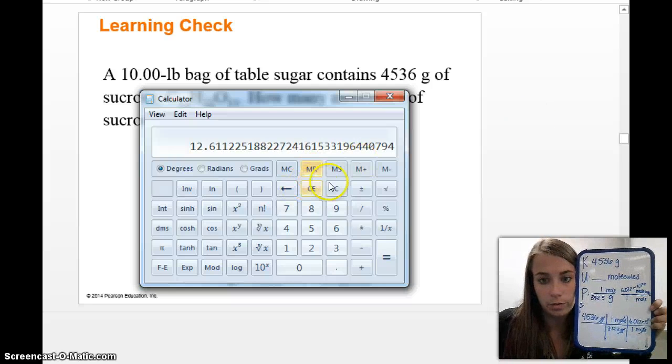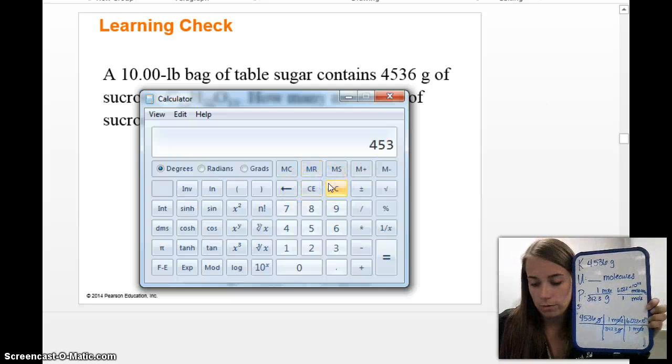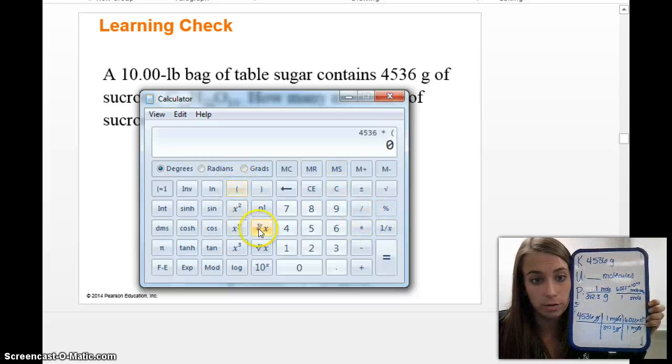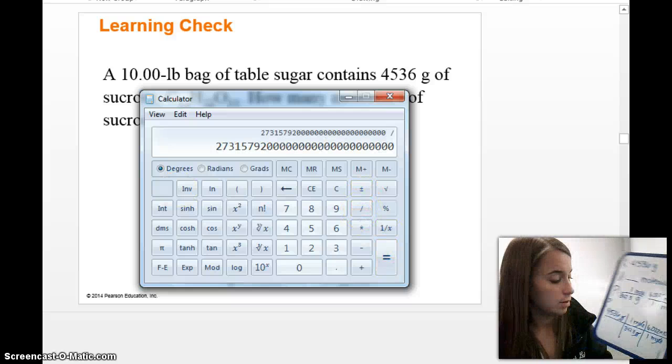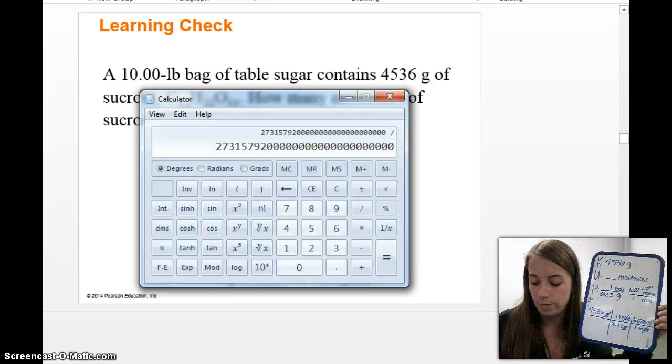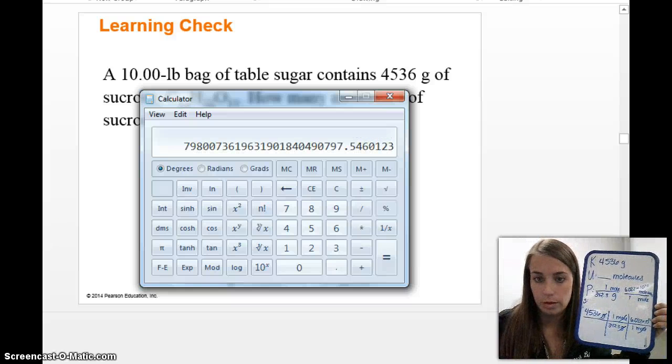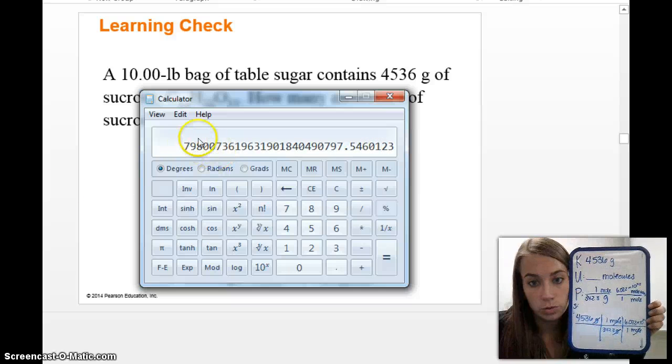You do 4,536 times, and we're going to use parentheses because we've got a number in scientific notation, 6.022 times 10 to the 23rd. I say equals, and then divide that number by the one in the bottom, 342.3. And I get this huge number.